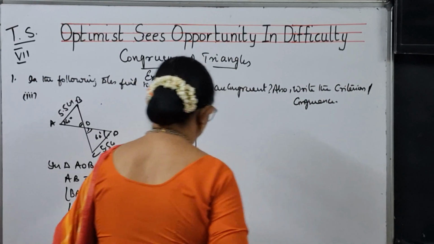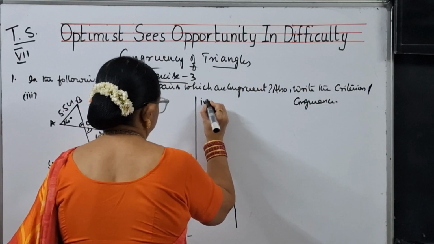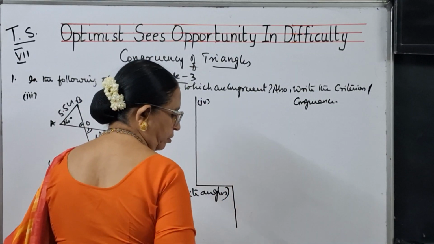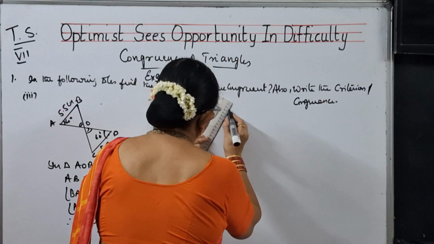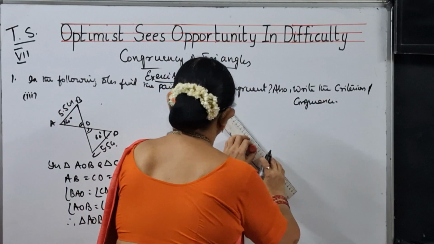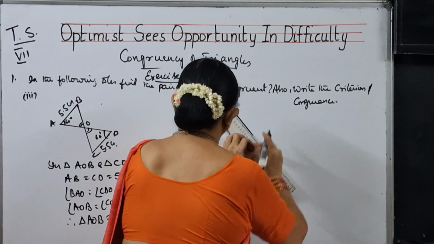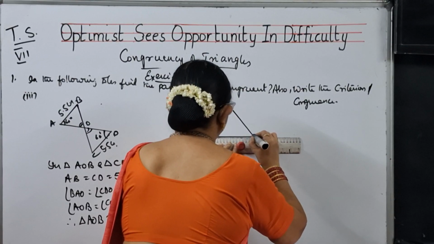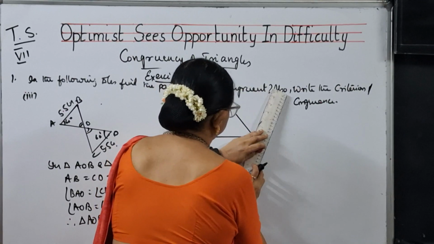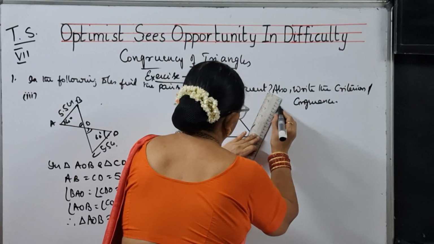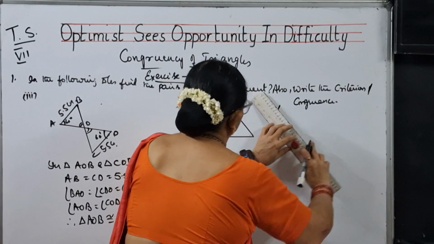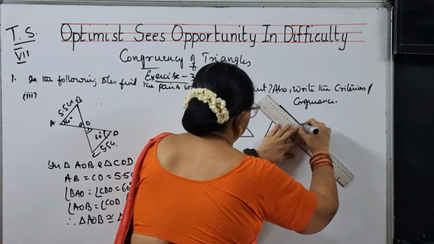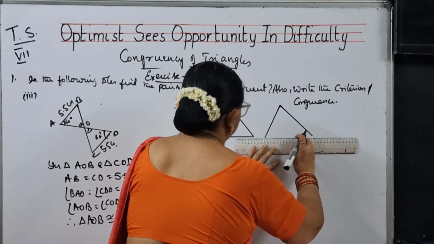Okay, now fourth bit. For the fourth bit, you have got two triangles. This is one triangle and another triangle.